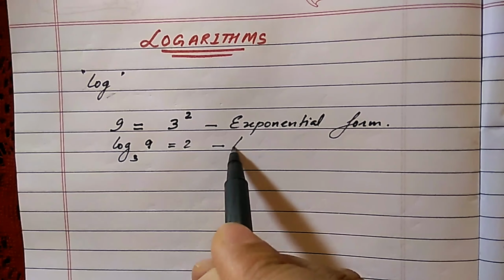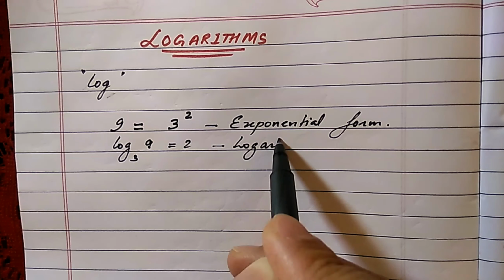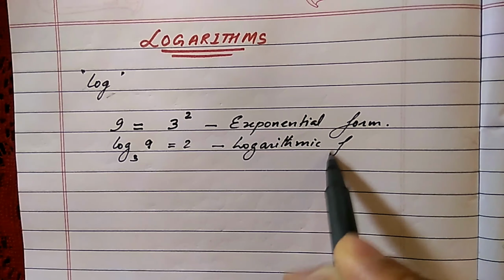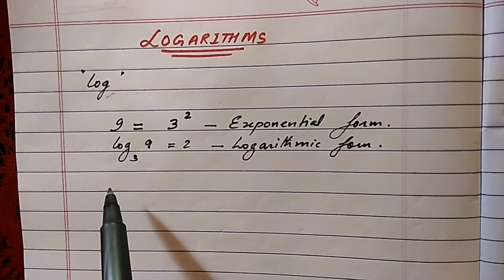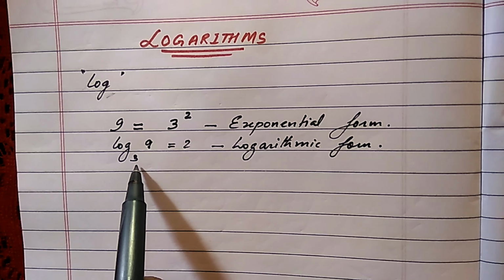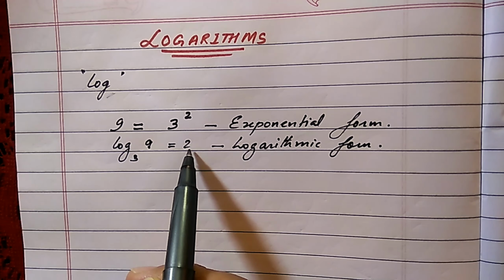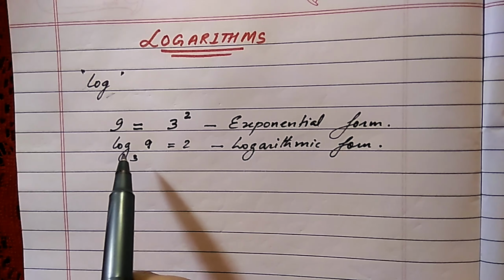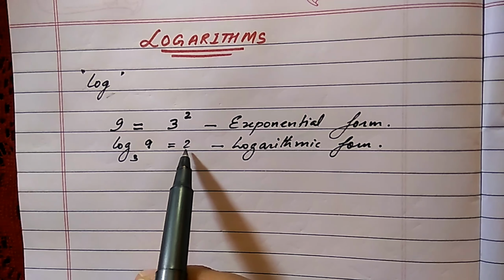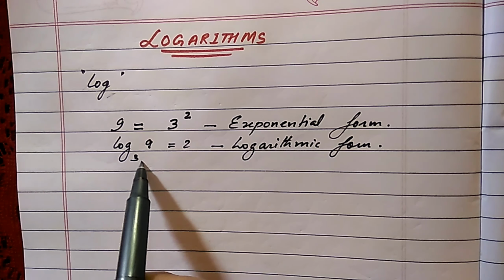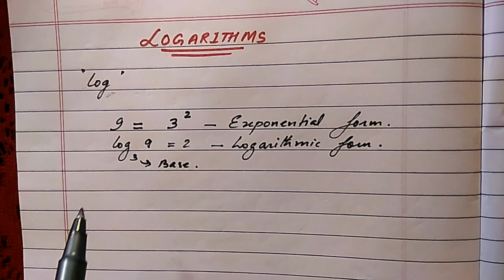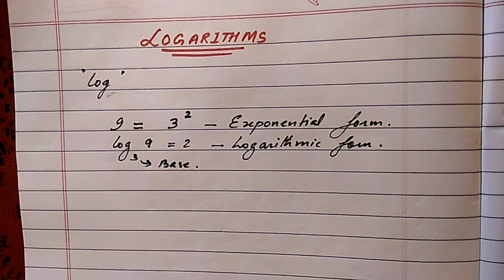This is called your logarithmic form. And it is read as log of 9 with base 3 is equal to 2. I repeat, it is read as log of 9 with base 3 is equal to 2. So this is the base. And this is called the logarithmic form.